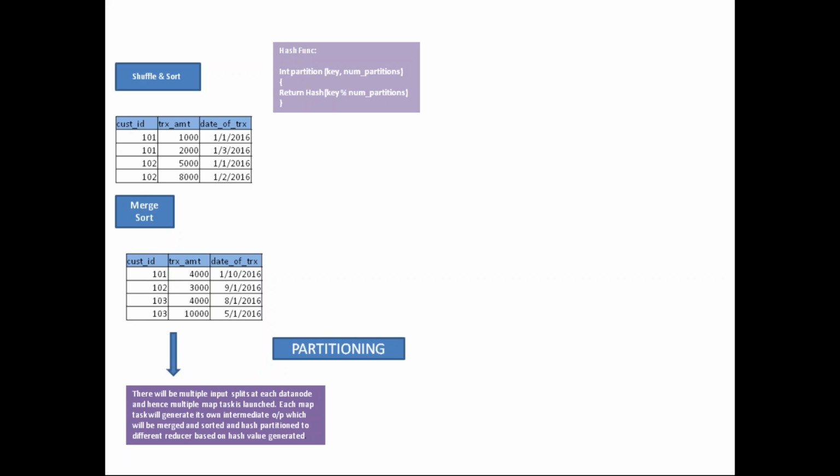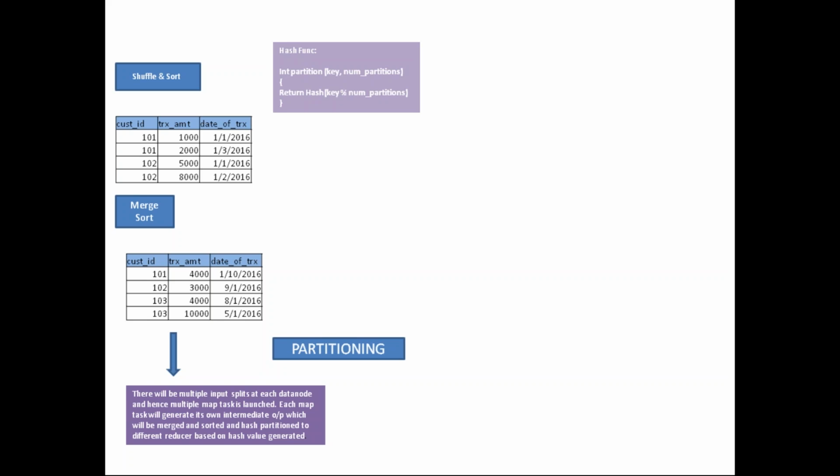But again, there will be more data motion, because the mapper intermediate output has to move over the network to different reducers. So there is more network input output overhead, but obviously your performance will increase because reducers increase. So the number of reducers depends on the number of partitions, and they are both related.